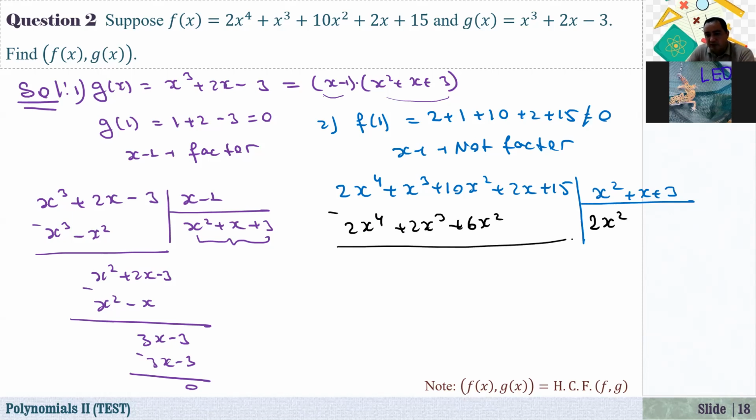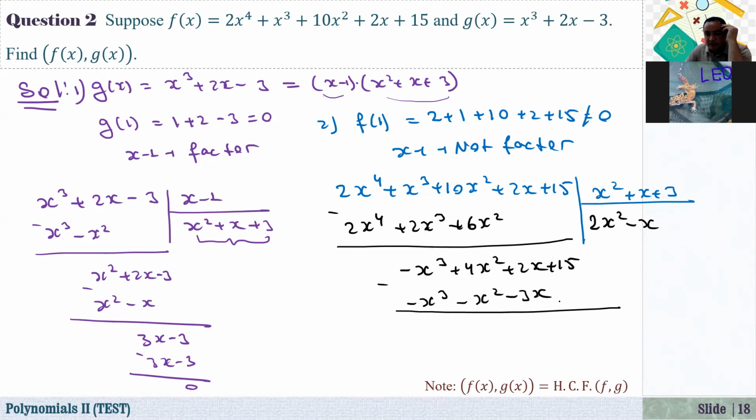If you subtract, x cubed minus 2x cubed is minus x cubed, and 10x squared minus 6x squared is 4x squared, plus 2x plus 15. Now minus x cubed divided by x squared is minus x, so we have minus x cubed minus x squared minus 3x.